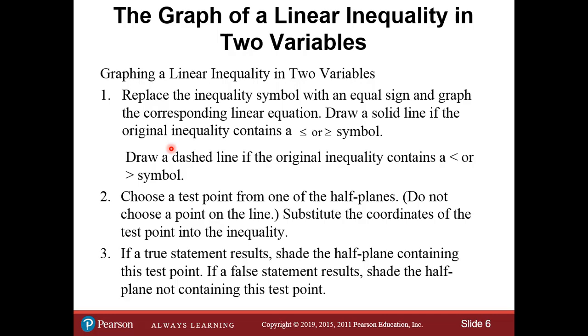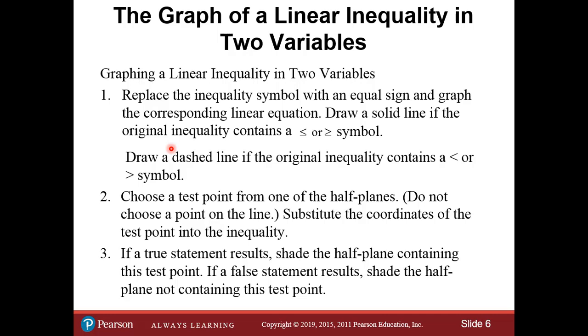If it's a strictly less than or greater than symbol, then it's going to be a dashed line, which means that the line is not included in the solution set. If it's a solid line, it's included in the solution set. If it's a dashed line, then it's not included.